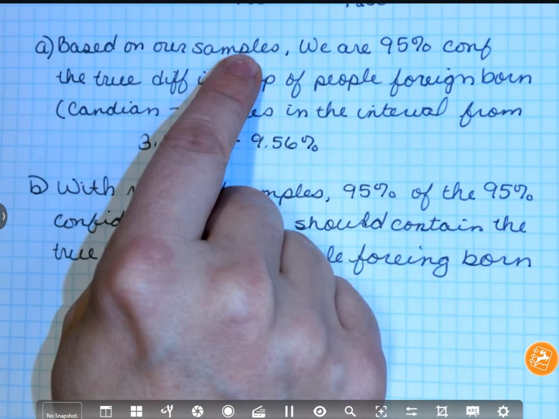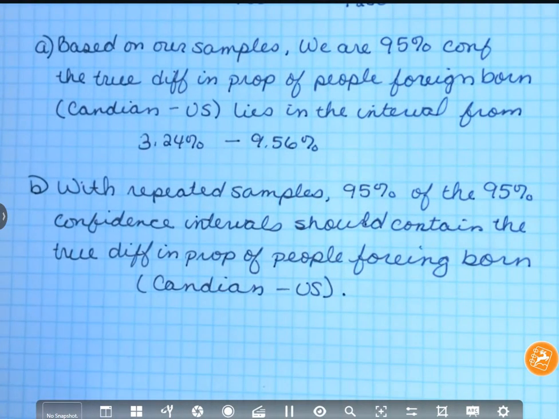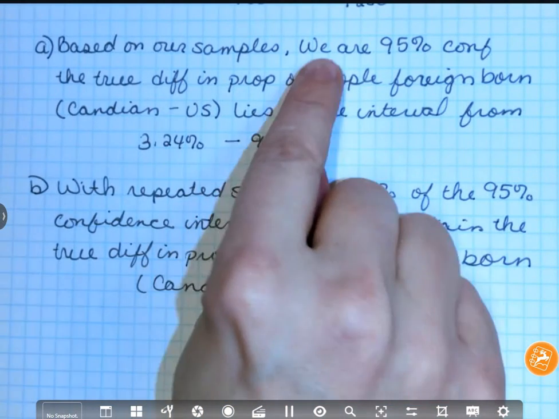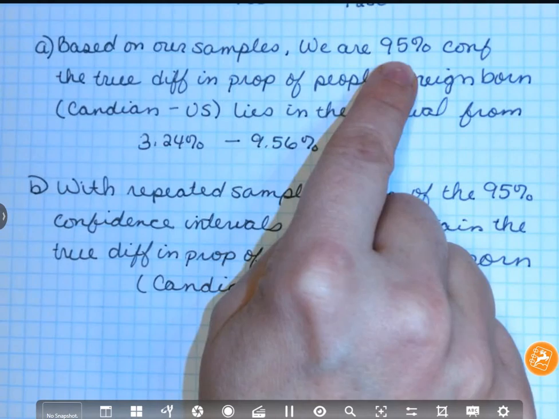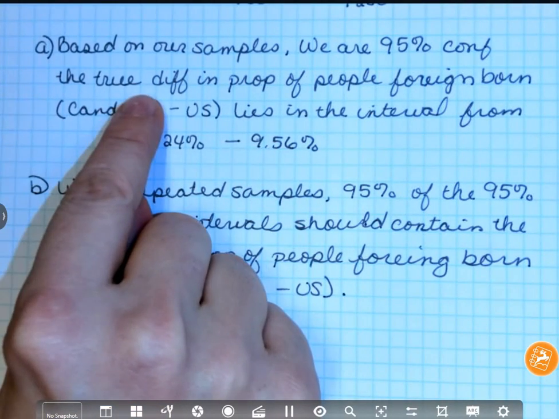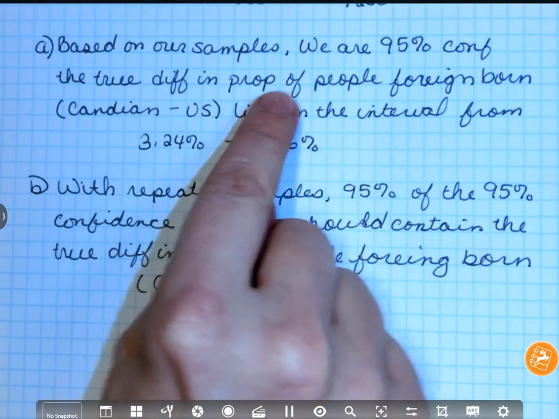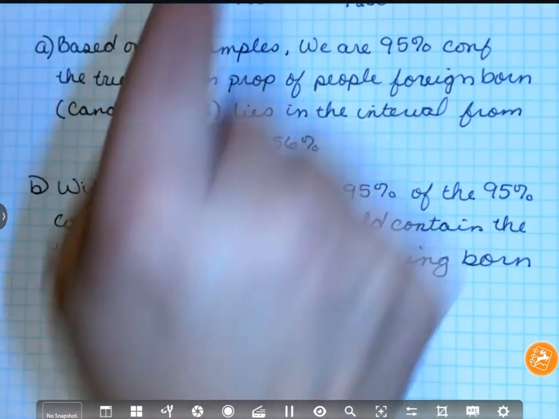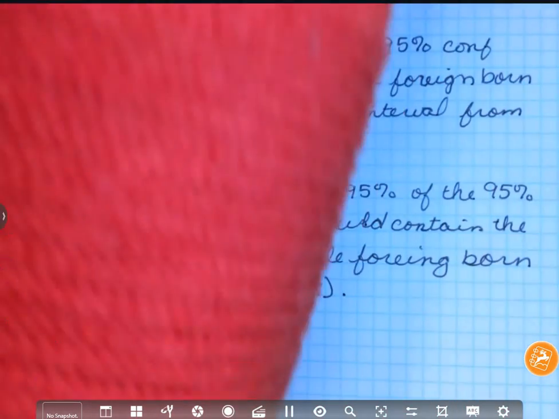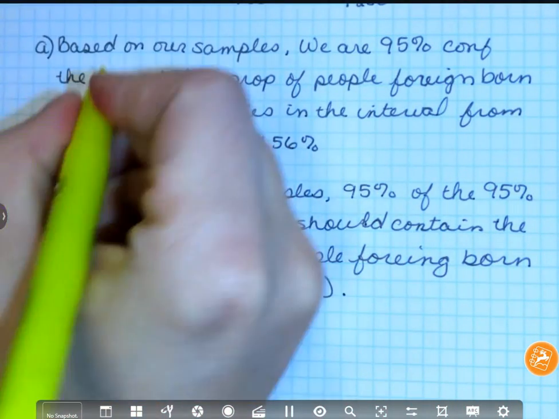But you do have to be clear, so like those little things indicate the difference between 1 or 2. We are 95% confident. There's my confidence level. The true difference in proportion of people foreign born. Notice, I have to have this guy right here.